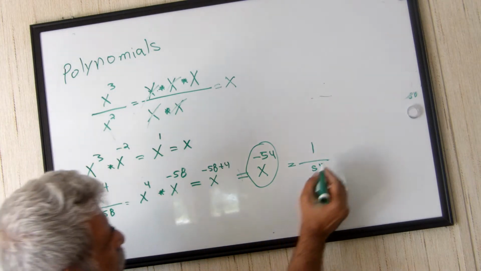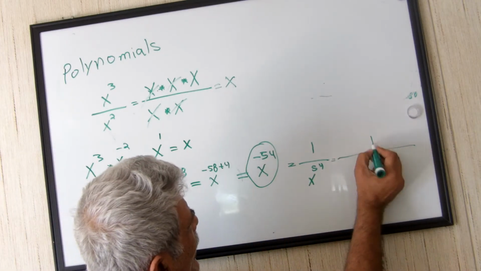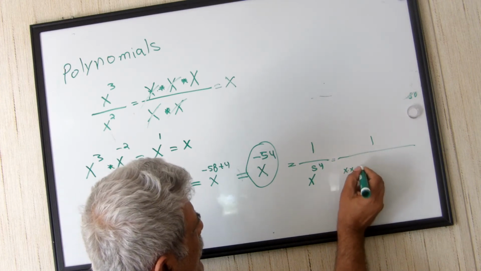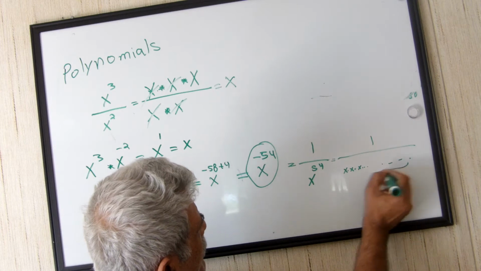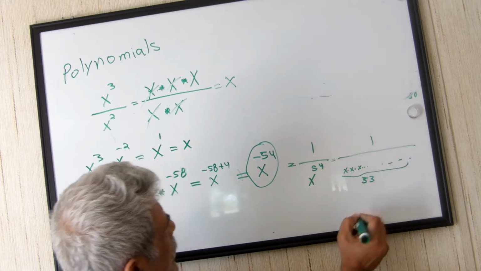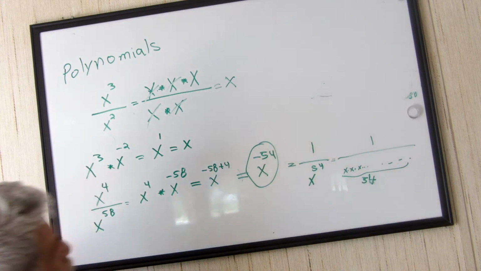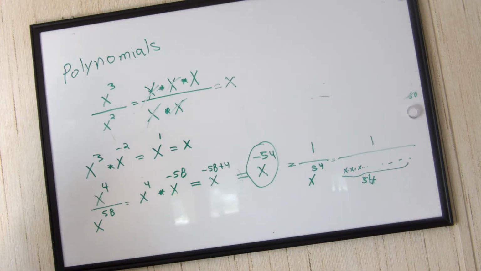It means that x is going to be multiplied 54 times. So we could simplify like this.